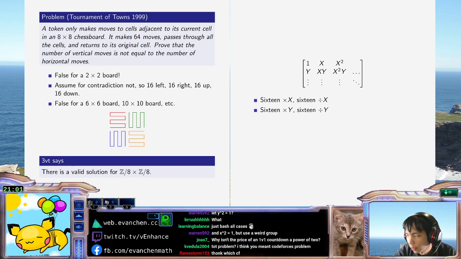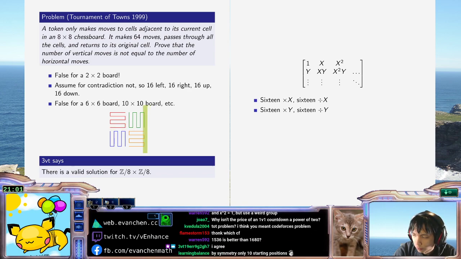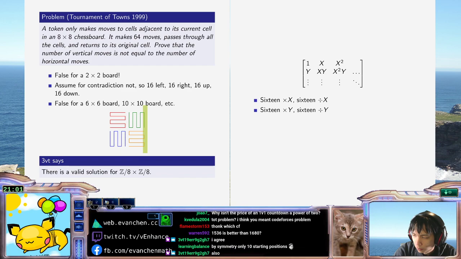Because let's say, here's something. In this example we constructed, in every particular row or column the number of... sorry, what? Never mind. I was about to say something false.